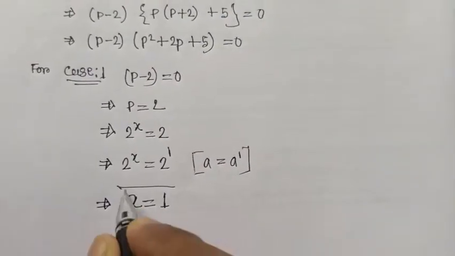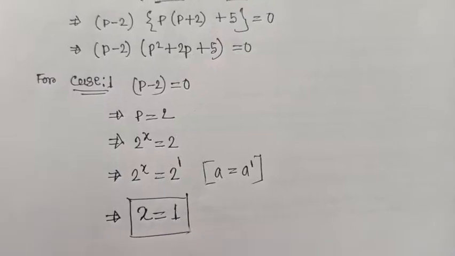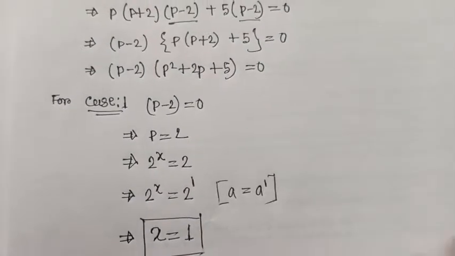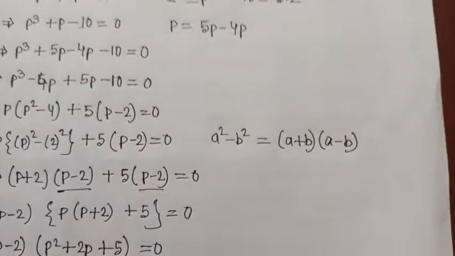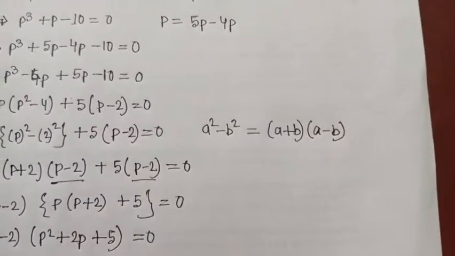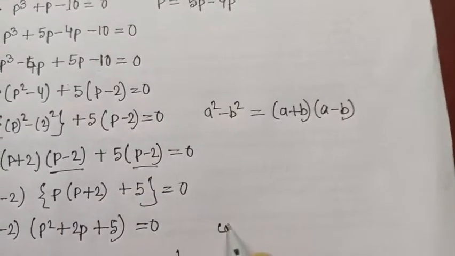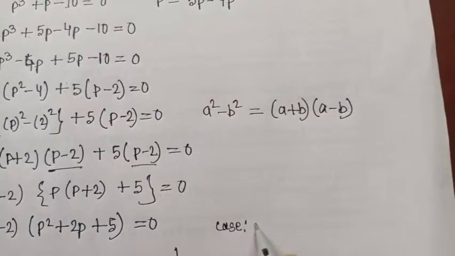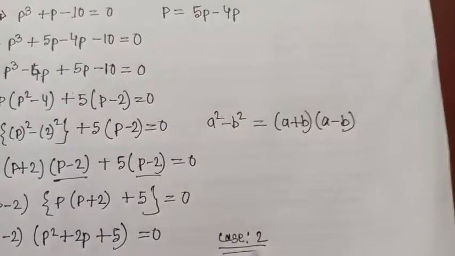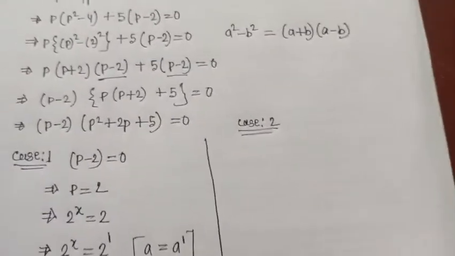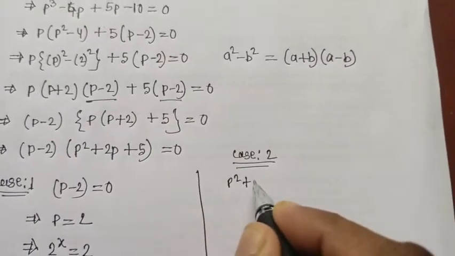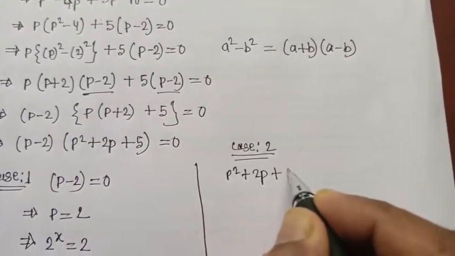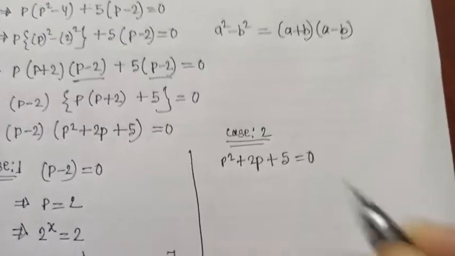So we got one solution from here, that is x is equal to 1. Now we are going to find another solution for case 2, that is p square plus 2p plus 5 equals 0.